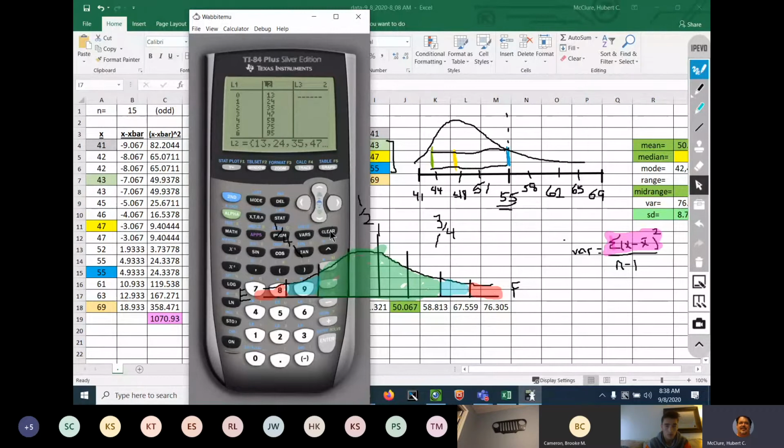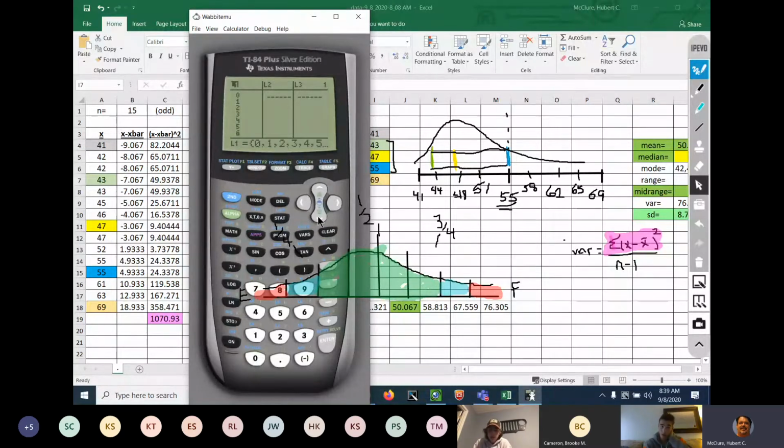Enter. That's how you clear it. You go to the L2 and you hit clear and then you hit enter. Don't hit delete because that will delete the whole row. And then you'll have L3 up there. And for somebody like me, it's OCD, that will bother you. So don't do that. Hit clear.